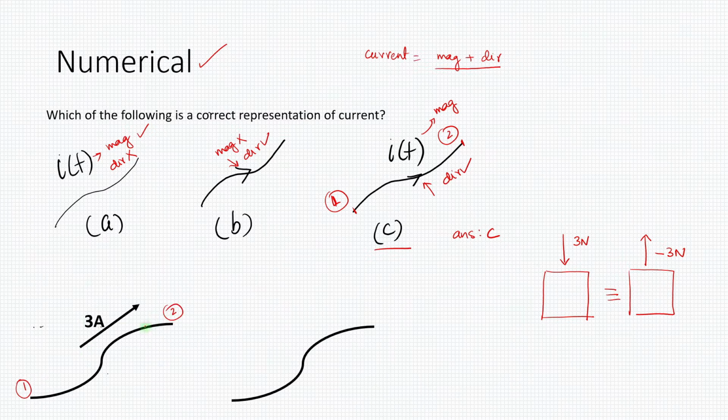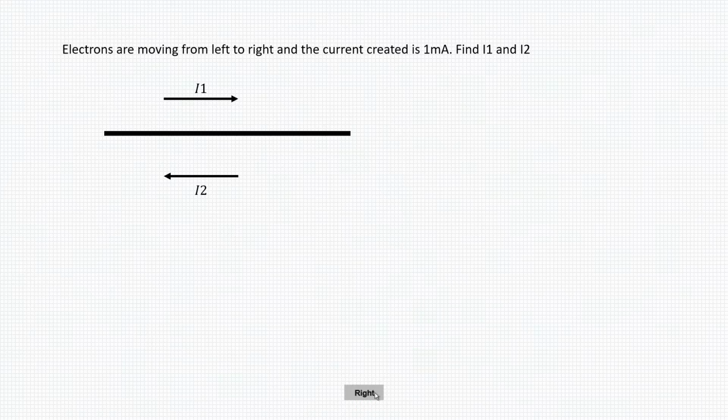The direction is from 1 to 2 and the magnitude is 3 amperes. I can change the direction of current from 2 to 1 and write it as minus 3 amperes. These both are equivalent. Okay, so this is a very important concept. So 1 to 2 with 3 amperes is equivalent to 2 to 1 with minus 3 amperes. Okay. So these both are equivalent circuits.